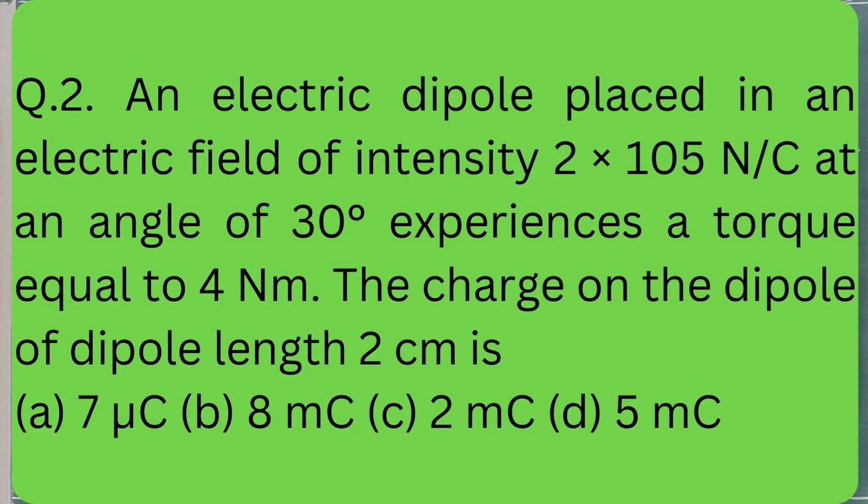Now question number 2. An electric dipole placed in an electric field of intensity 2 into 10 to the power 5 Newton per Coulomb at an angle of 30 degrees experiences a torque equal to 4 Newton meter. The charge on the dipole of dipole length 2 centimeter is A, 7 microcoulomb, B, 8 millicoulomb, C, 2 millicoulomb, D, 5 millicoulomb.